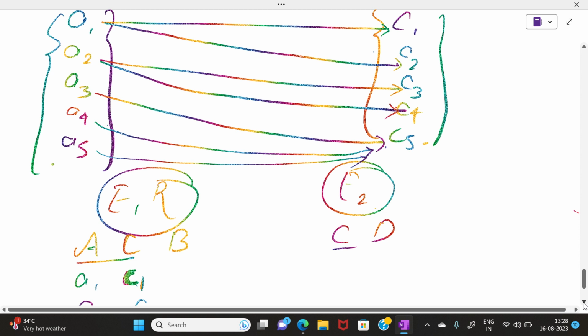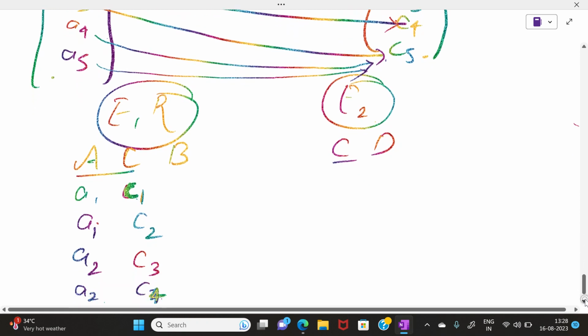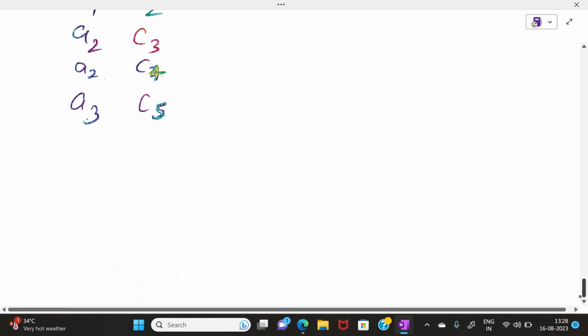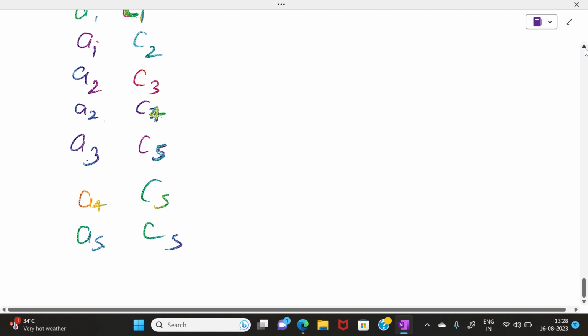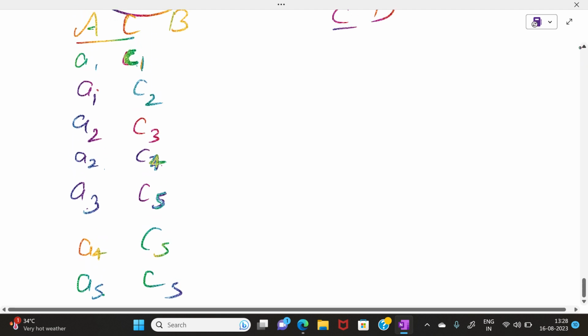So C5 is mapped to A3, A4 and A5. So this way it has gone, and then we have certain values for B here.